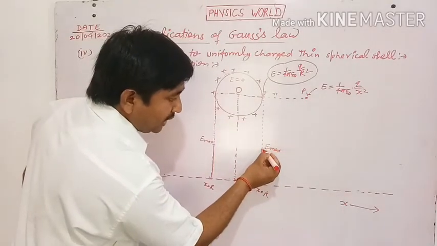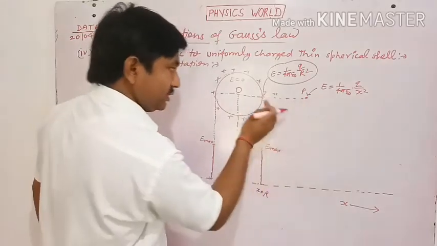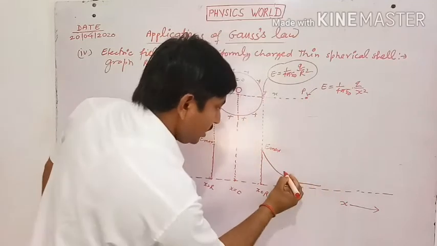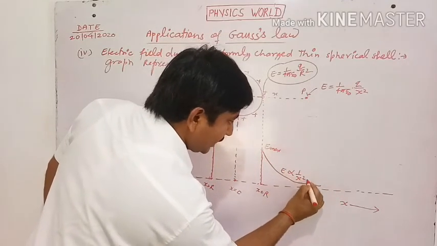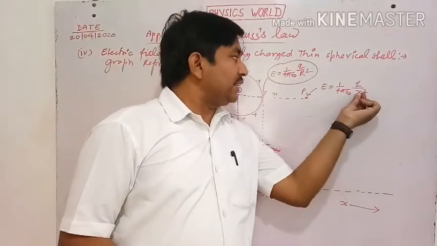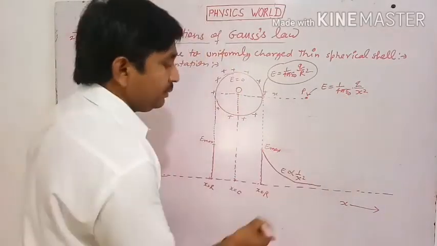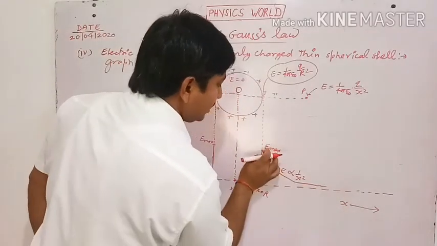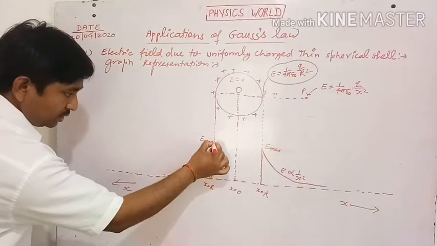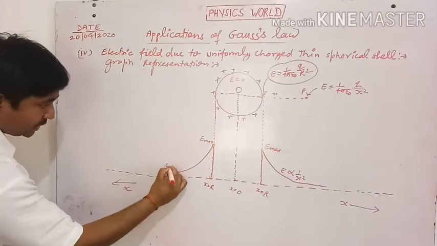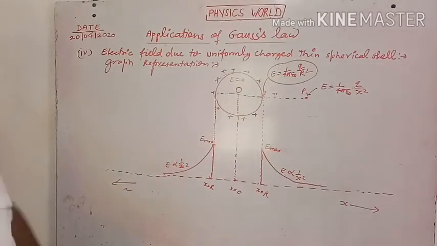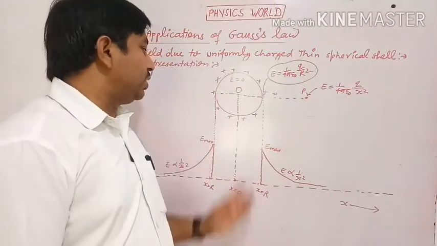So as we go further from the surface, the value of E continuously decreases, and at infinity the value of E becomes 0. Similarly, on this side the same graph is obtained, that is E proportional to 1 upon x square, and at infinity the value of the electric field becomes 0.